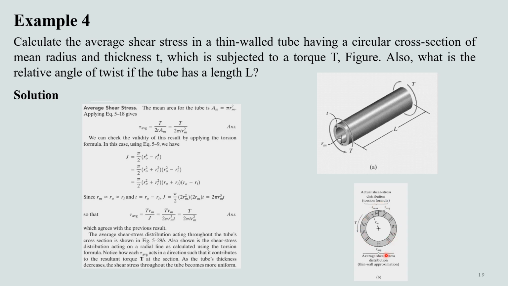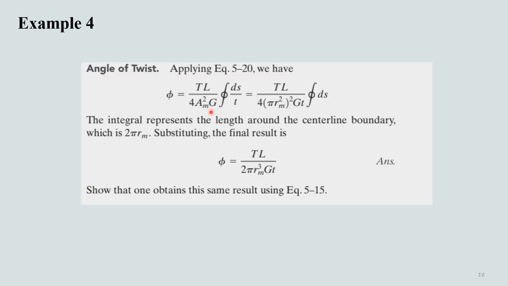As the tube's thickness decreases, the shear stress throughout the tube becomes more uniform. And then we can apply this equation for determining the angle of twist. The integral represents the length around the center line boundary, which is actually 2 pi rm. So by substituting this integral with 2 pi rm, the angle of twist comes out with this equation.